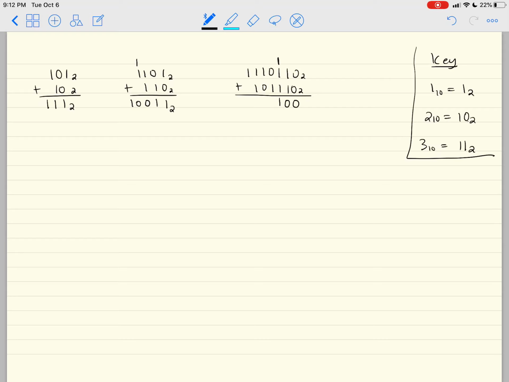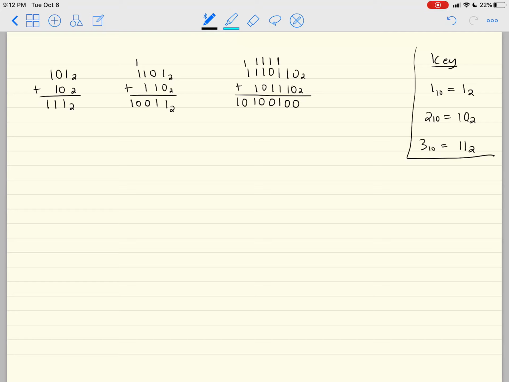But my key tells me to write that as 11. 1 plus 0 plus 1 is 2. 1 plus 1 plus 0 is 2. 1 plus 1 plus 1 is 3. 1 plus 1 is 2. So I'm speaking the normal way. I am just translating them before I write them down.